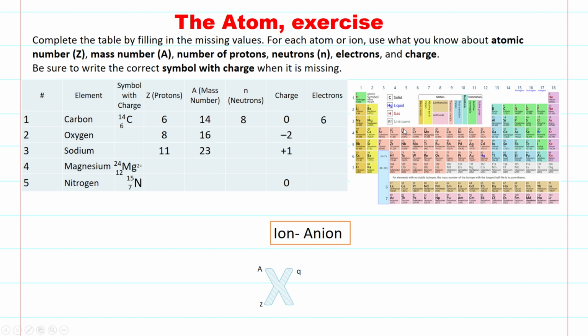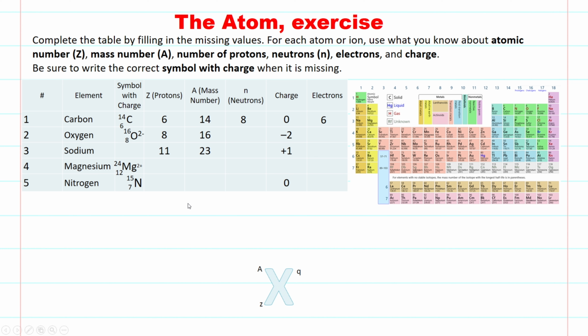The periodic table is arranged by atomic number, starting from the top left. Since the atom has 8 protons, it is element number 8, which is oxygen. And the symbol is the capital letter O with the charge of minus 2.